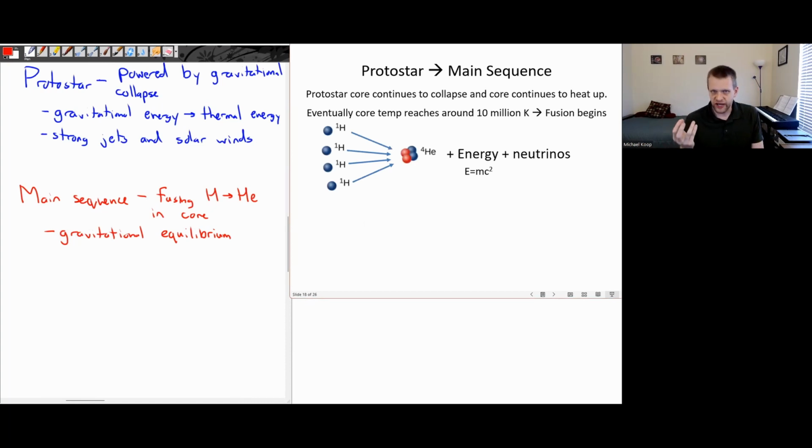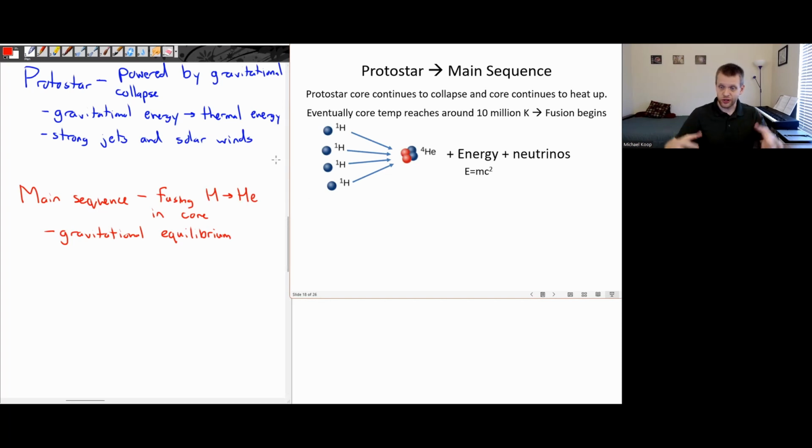In order for fusion to happen, we said hydrogen nuclei, protons, are positively charged. They don't like being close to each other. They will electrically repel each other. But if I can get those protons to be densely packed enough, so they're all really close to each other, and I can increase the temperature so they're moving around really fast, then eventually they're going to be going fast enough and are close enough together to start to go through fusion.